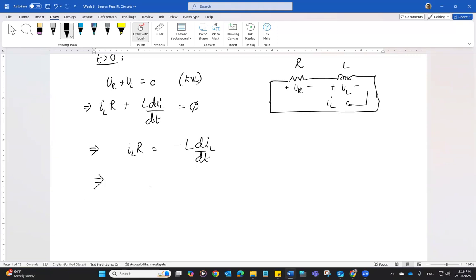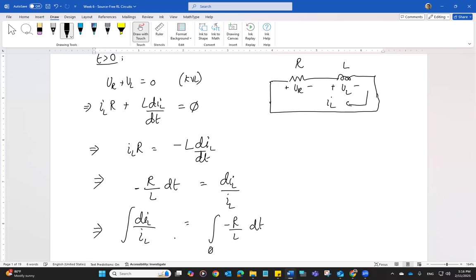Then we can rearrange this as negative R over L times dt is equal to dIL over IL. So dIL over IL, we integrate this, and integrate the other side as well, negative R over L dt.